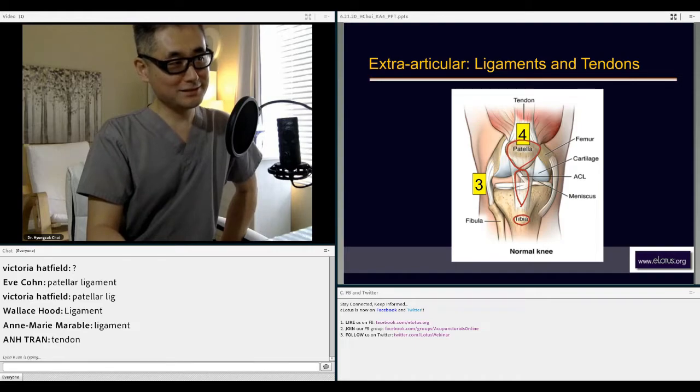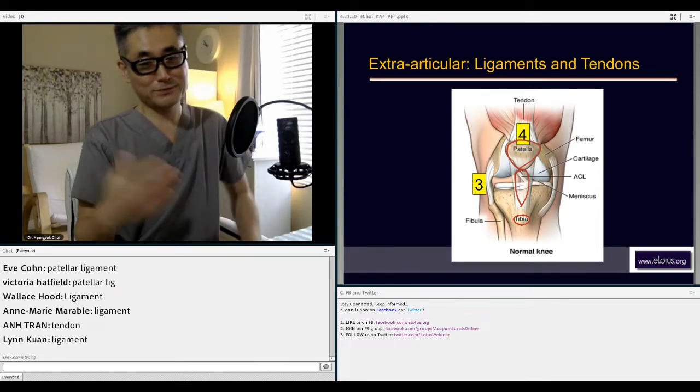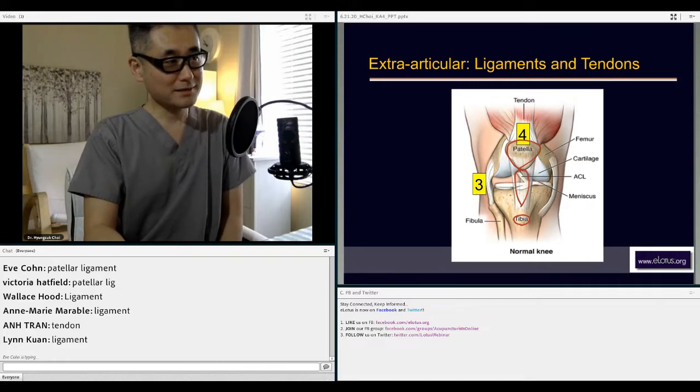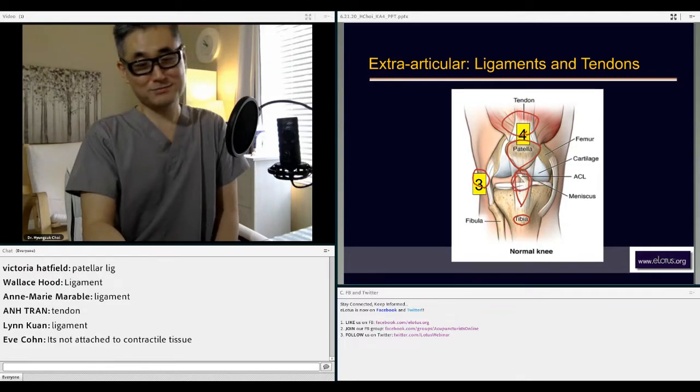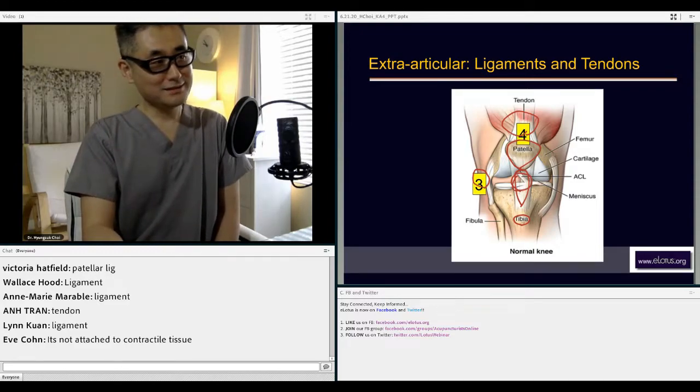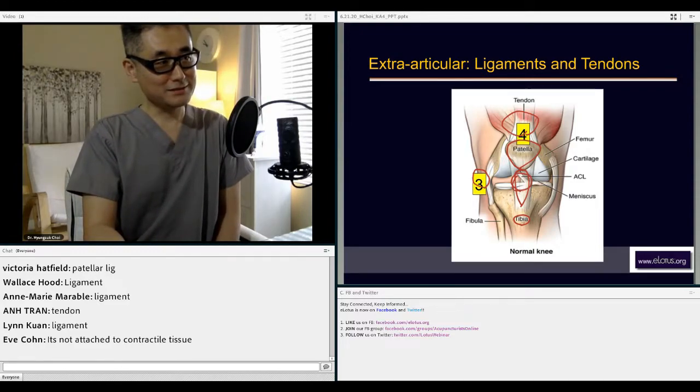In old days, we called that a ligament. But in most books these days, they name this the patellar tendon. Some books say this is the ligament, and this is the tendon, because we usually think a ligament connects bone to bone.